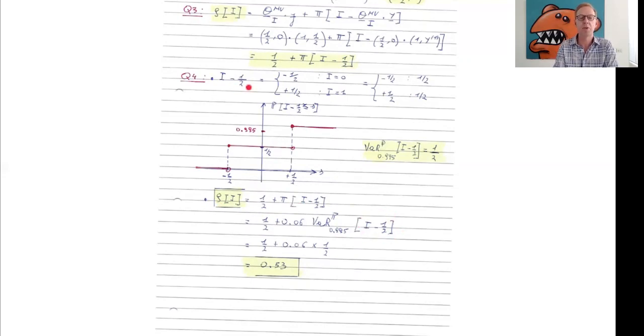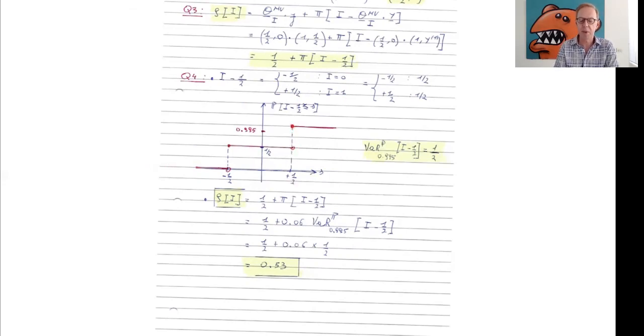I minus 1/2 can take two values, minus 1/2 and plus 1/2, depending on the outcome of I, which can be 0 or 1. So if we then look at the distribution of I minus 1/2, there is a first possible value at minus 1/2 with probability 1/2, and then there is a second jump at level plus 1/2 of 1/2 here.